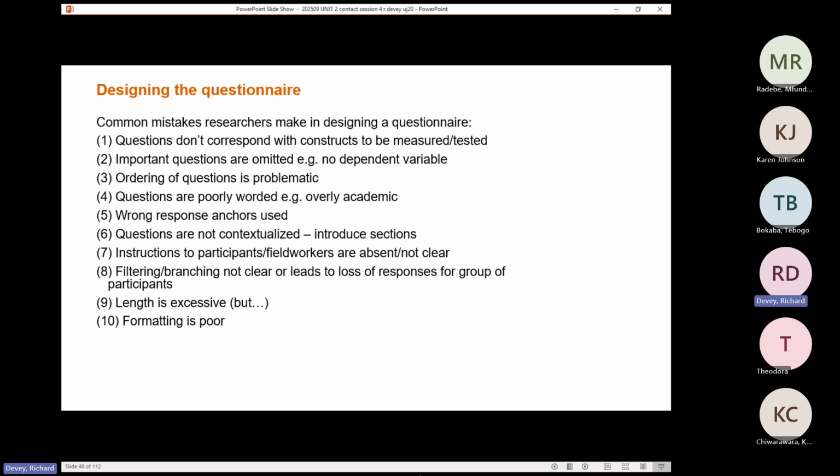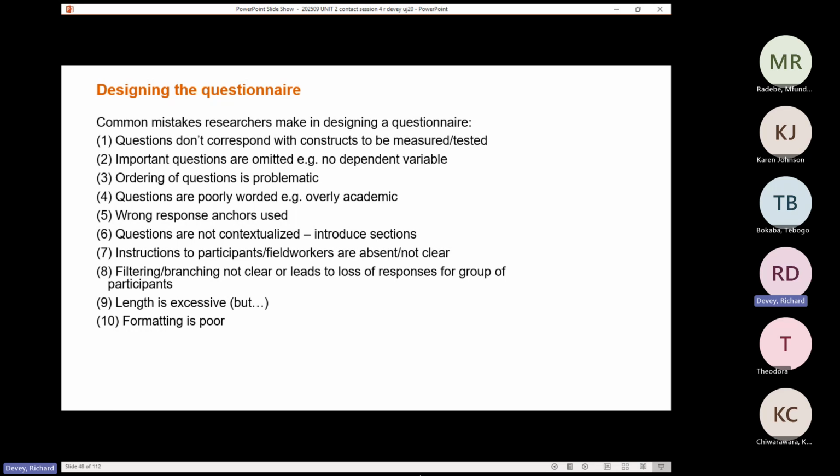A long questionnaire can also be a problem. Long questionnaires will lead to dropout as people are answering them. But there is a trade-off, and it's the point that Theodora made, that the questionnaire must include questions which answer your research questions.